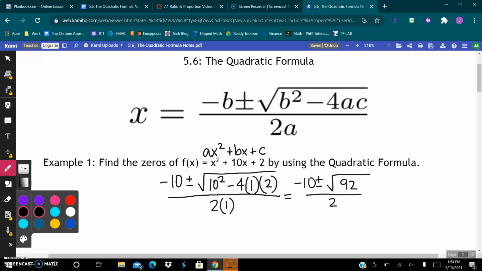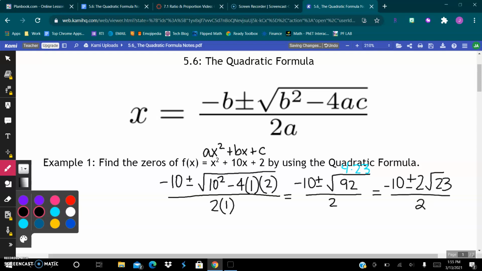Then we can break that down a little bit farther. 92 is actually 4 times 23, so we think about this as 4 times 23. We can take the square root of 4, which would be 2. So the 2 would go out front, and then we would have the square root of 23 left, divided by 2.